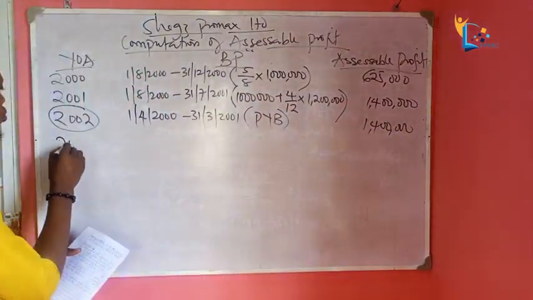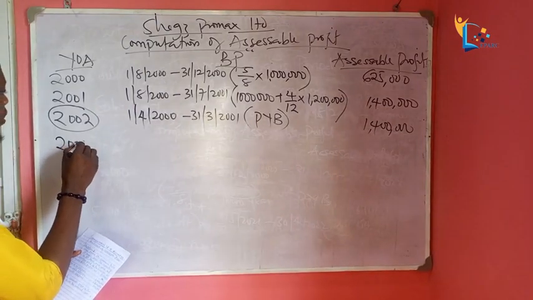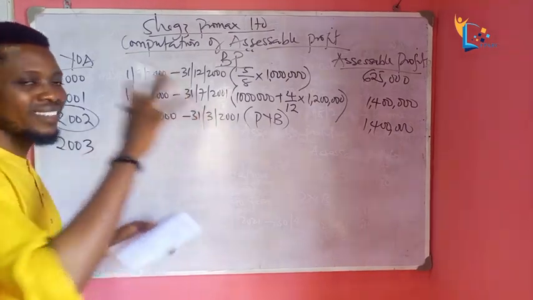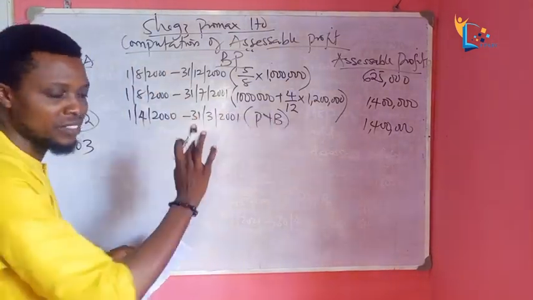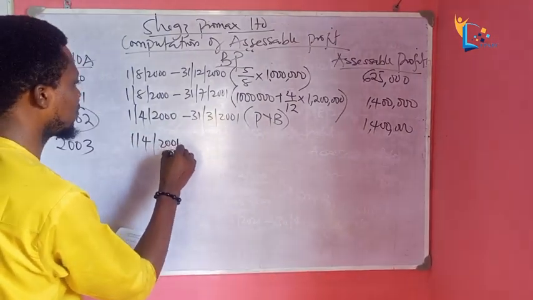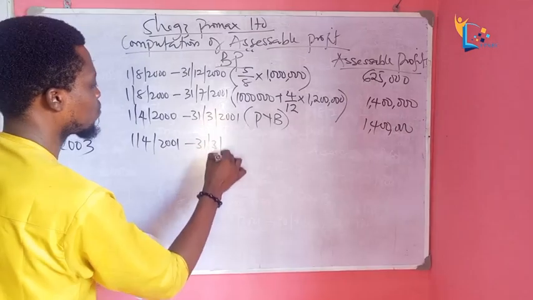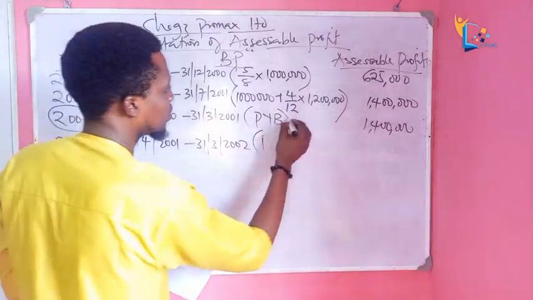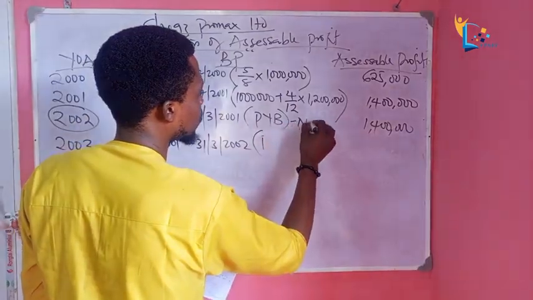Now come to the 4th year, 2003. Still 2003 is based on preceding year basis. So you come 1st of April 2001 to 31st March 2002. Preceding year basis not available.